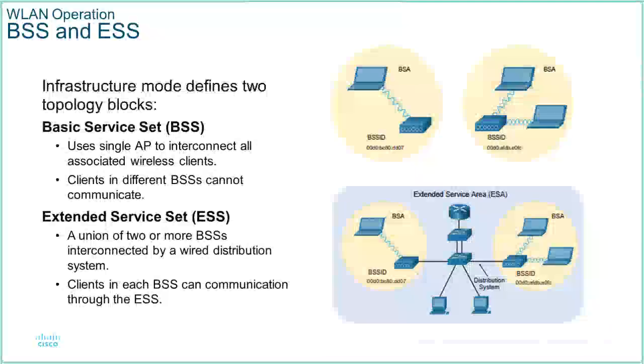So an extended service set is where we use multiple basic service sets interconnected with wired distribution, and this way the devices can communicate between the service sets via the wireless network.